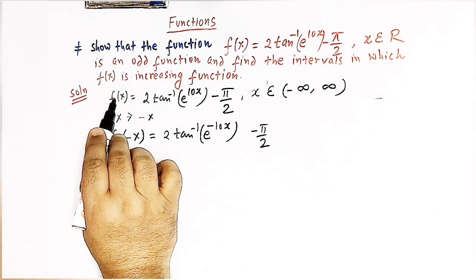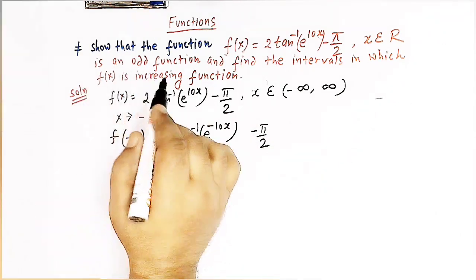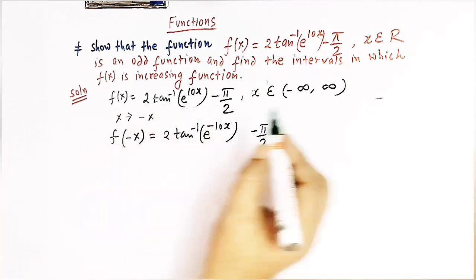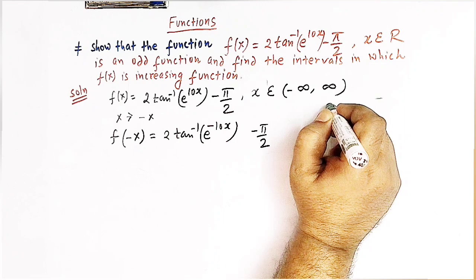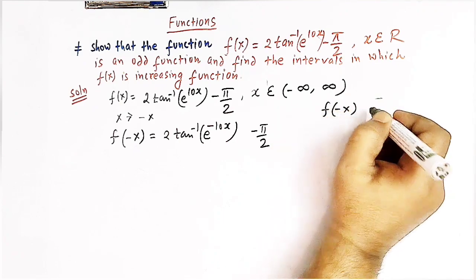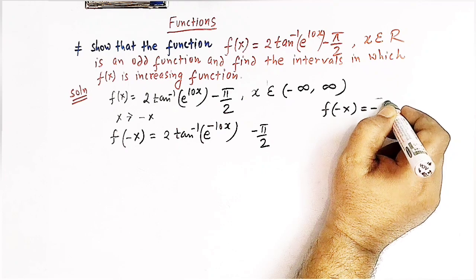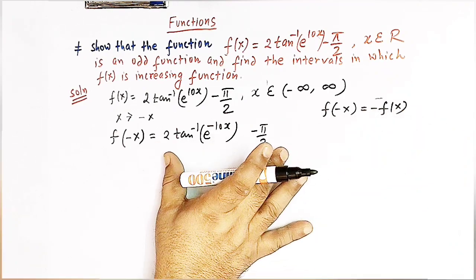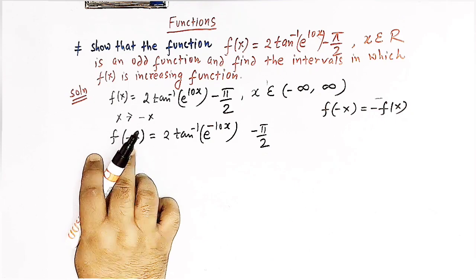To show that the function f of x is an odd function, first we'll replace this x by negative x, then we have to arrive at this result, that is f of minus x is equal to a negative of f of x, right? So now we have this expression for f of minus x.